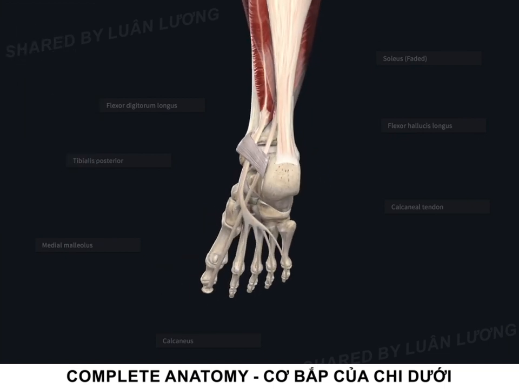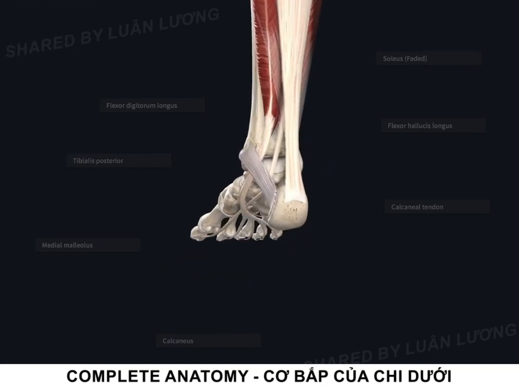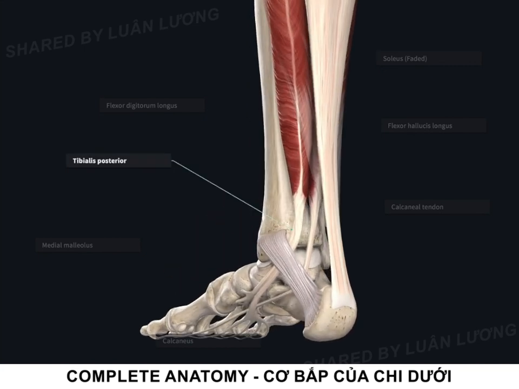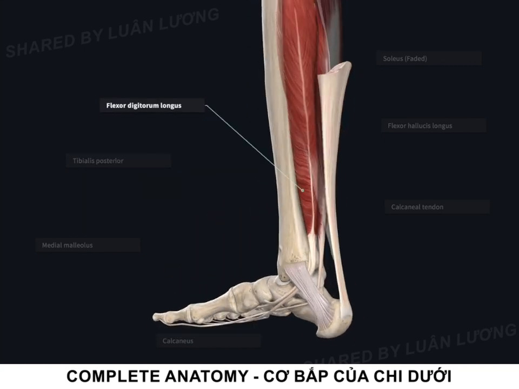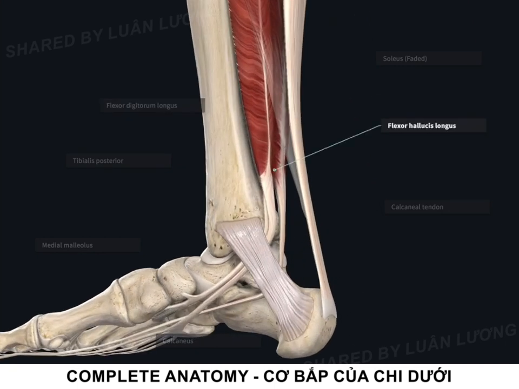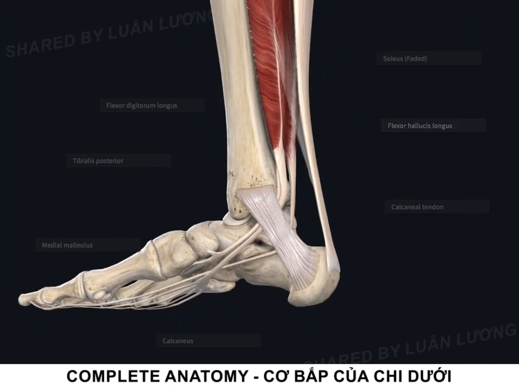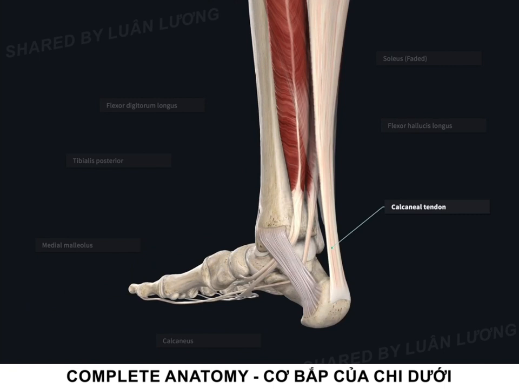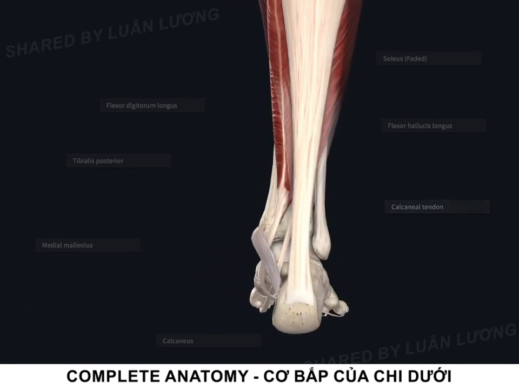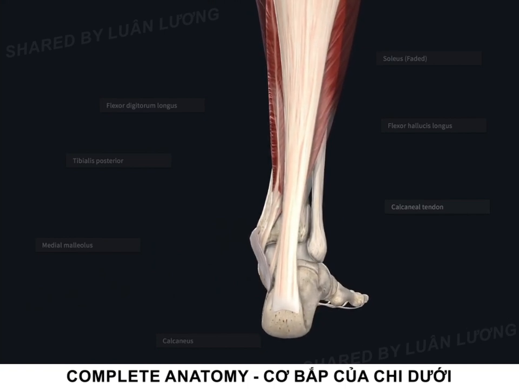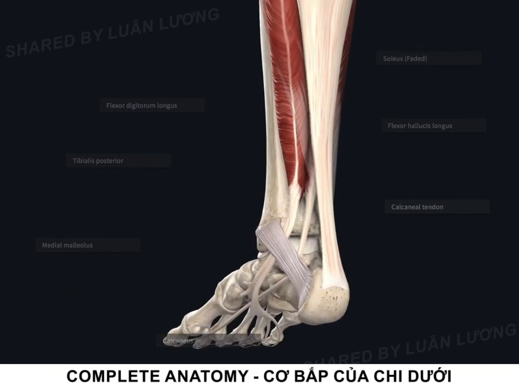If we were to go lateral to where we saw the tibialis posterior and the flexor digitorum longus, we see the last of the muscles within the deep compartment of the leg, the flexor hallucis longus. The flexor hallucis longus is positioned deep to the calcaneal tendon, and it is often difficult to see in dissection due to this deep location where it passes posterior to the ankle joint.